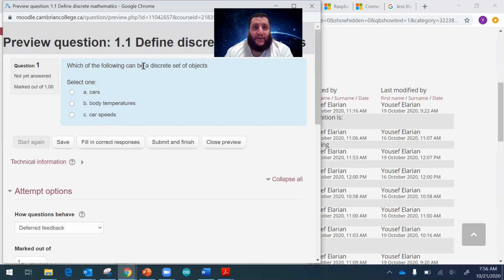Which of the following can be a discrete set of objects? Cars, body temperatures, car speeds. Remember when we spoke about continuous versus discrete values, or continuous versus discrete amounts? Individuals that cannot be divided are like cars or people. These are considered discrete objects. Body temperatures are continuous.